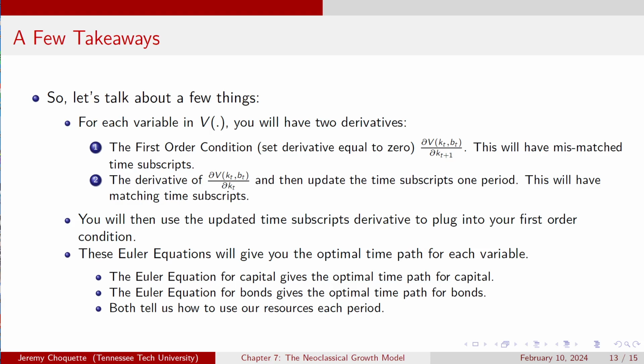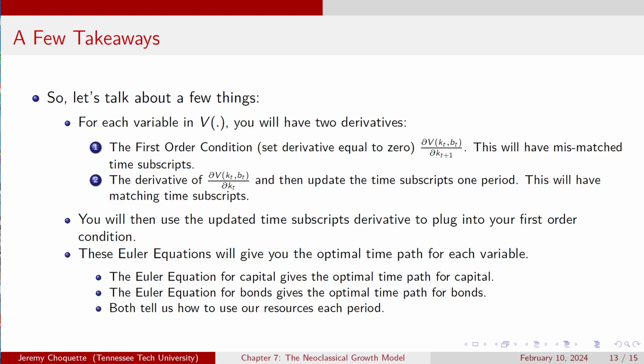If we're doing it for capital, it's going to tell you the optimal time path for capital, and then how your optimal capital time path would be governing your optimal flow of consumption with respect to capital. Same thing for bonds. It's going to tell us how we need to use our resources each period.